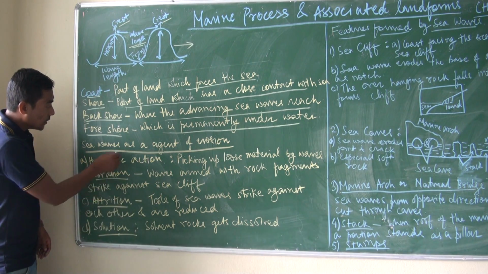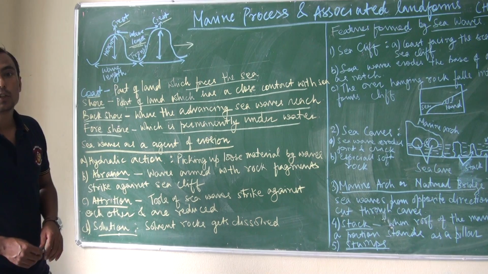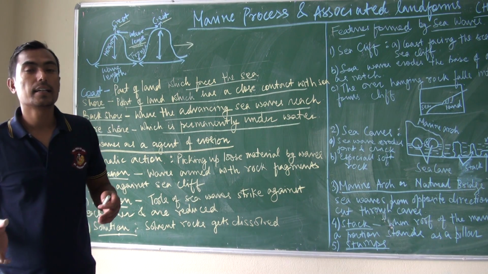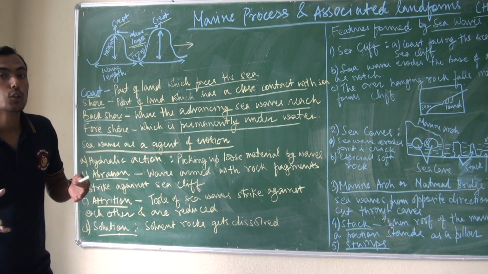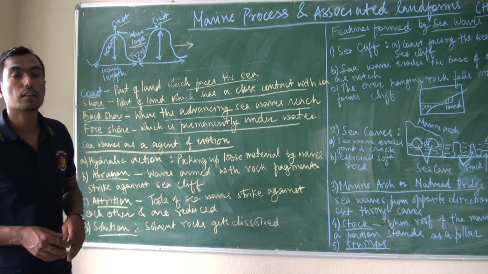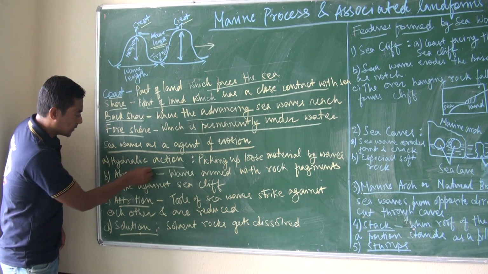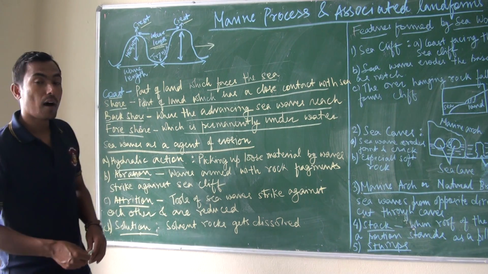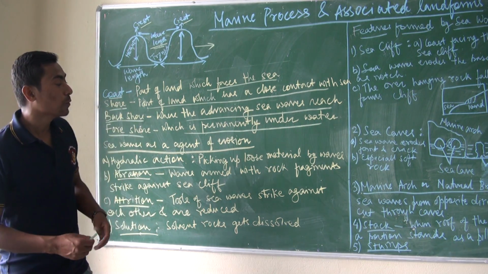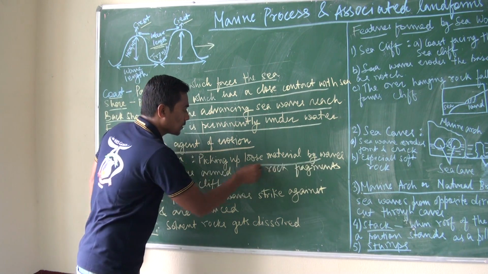Now, sea waves as an agent of erosion. How do the sea waves act as an erosional tool, resulting in the formation of different types of landforms? The first one is hydraulic action. Hydraulic action means picking up loose materials by the sea waves.